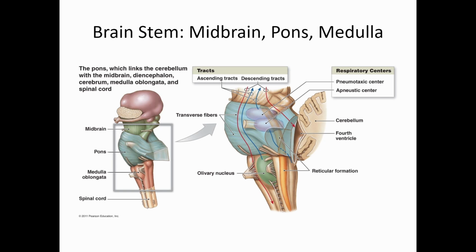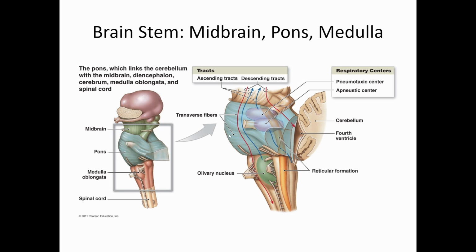Let's look at the actual structures in a little bit of detail. We can see here in kind of this maroon pink the diencephalon. So in the human brain, the midbrain, pons, and medulla sit under that diencephalon and in front of the cerebellum. If we take a closer look, we can actually see the opening into the 4th ventricle is behind the pons here in blue.